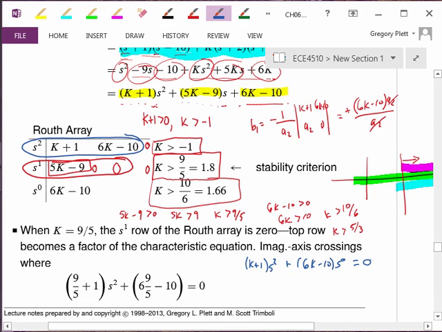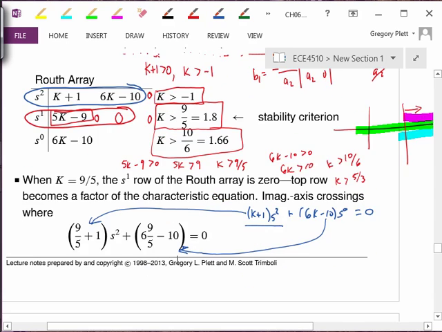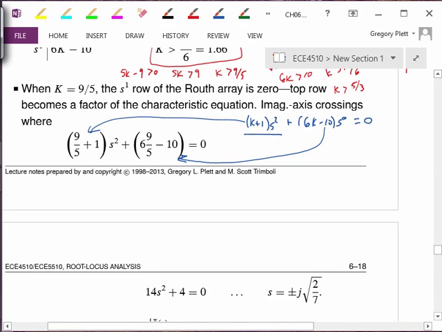Let's put in k equals 1.8. So that's 9/5 plus 1 here, and then 6 times 9/5 minus 10 there. That equation is a factor of the roots of the system. Plugging that in, I'm going to multiply both sides by 5, that would be easier. So I would get 9 plus 5 times s squared, plus 6 times 9 is 54 minus 50, equals 0.